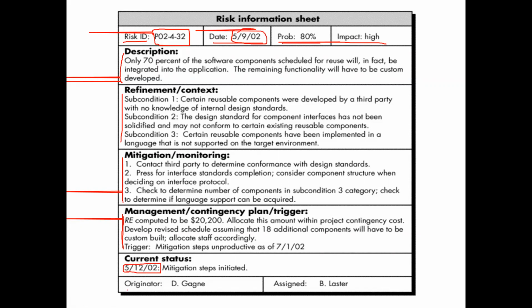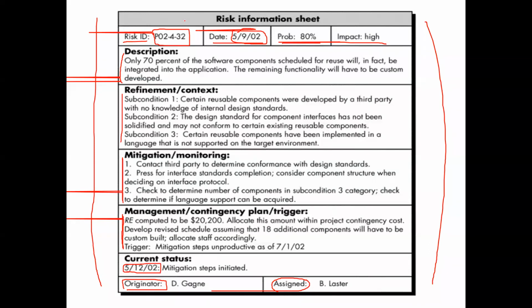Also the originator of that risk, and who is assigned to handle that risk. Every piece of information about that risk factor I have written here. So that is one example of a risk information sheet. If anybody sees that sheet, he or she will easily understand what risk factors may arise and what you should do for that particular risk.